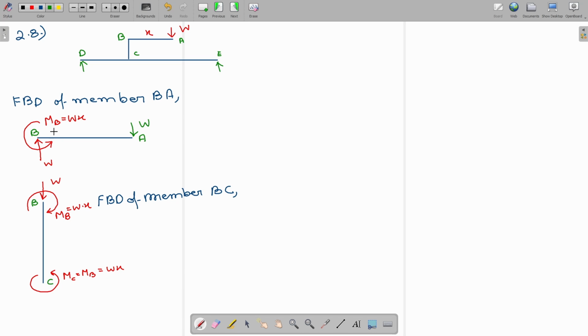Since at this point a moment is acting, we can write like this: BA carries shear force and bending moment. And from here we can write that the member BC is actually carrying axial load.